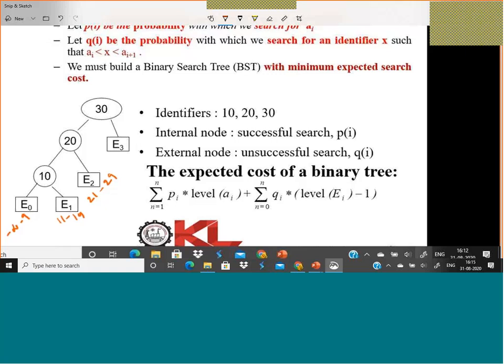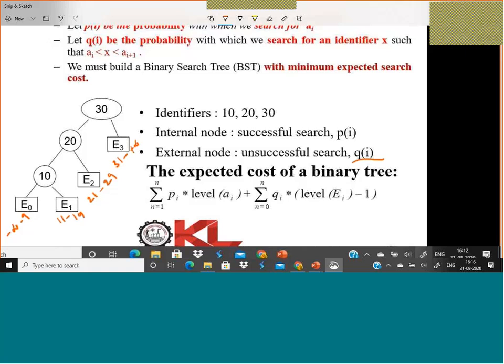Okay. So similarly, if you take E3, any element from 31 to plus infinity, all the elements which are more than 30, will be terminated here. Okay. So that Q of I is the unsuccessful search. It is the probability of giving a key element which is not present in the tree.